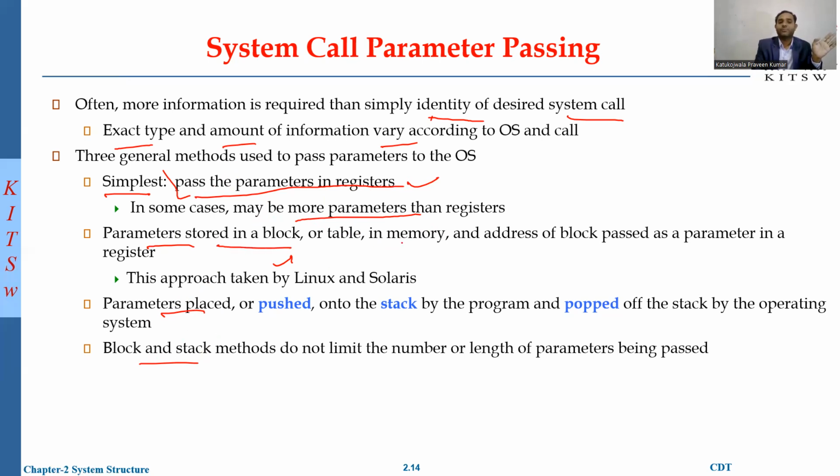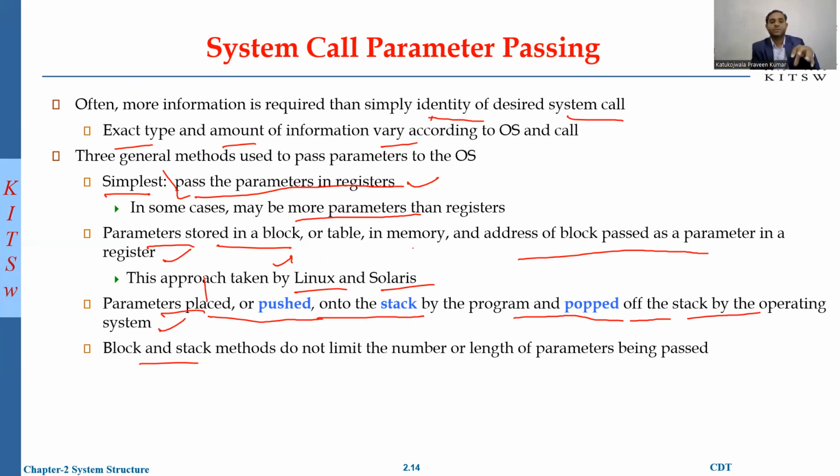Parameters can be stored in a block or a table in memory, and the address of the block passed as a parameter in a register. This is one more method, and this approach is taken by Linux and Solaris. Parameters can also be placed or pushed onto the stack by the program, and popped off the stack by the operating system. So you push the parameters onto a stack, and whenever needed, you pop them.